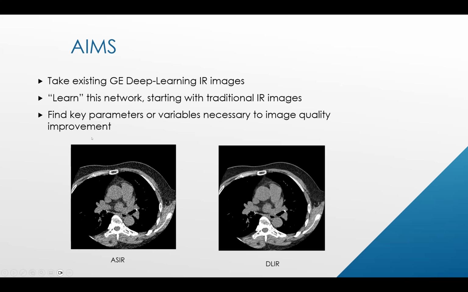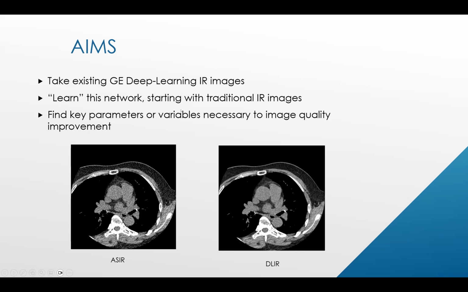And this is all from a single, well, basically there were two sets of images. One that was reconstructed using traditional, I think, iterative reconstruction, and then one that involved GE's deep learning plus iterative reconstruction technique. You can see that their technique results in reduced noise while maintaining all the key information.